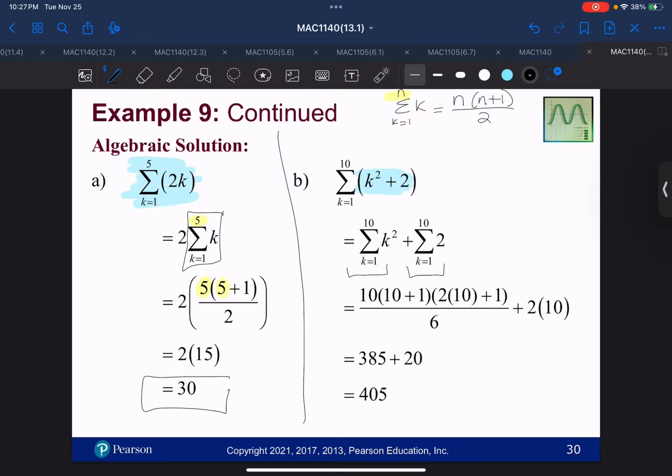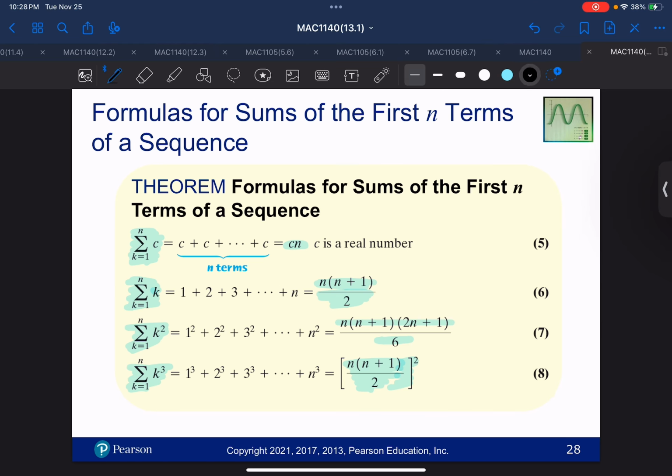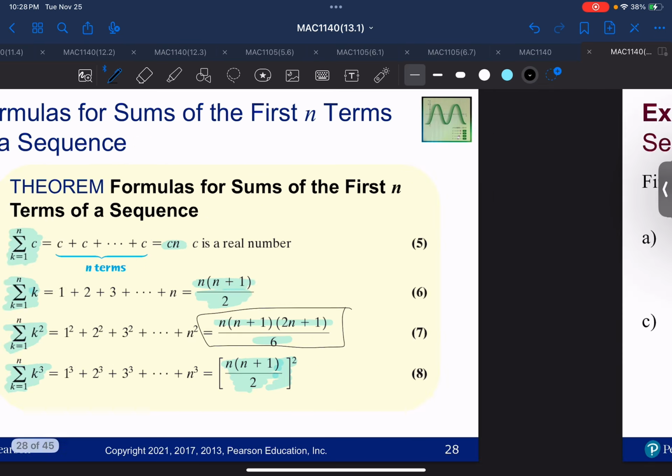And then I have a formula for the summation of k squared. I'm just going to go back. That formula is equal to n times n plus 1 times 2n plus 1 all over 6.